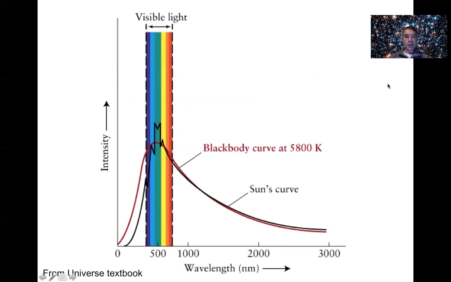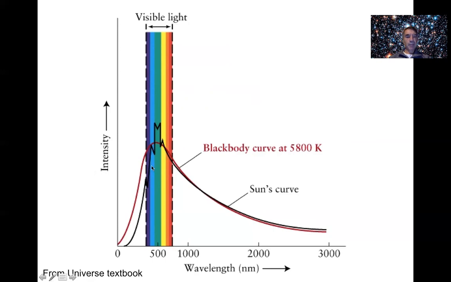And here in this diagram from the Universe textbook, you can see the two things superimposed. So we have a spectrum, here marked as intensity. I would perhaps more formally call it flux, as we'll see a bit later in this lecture, against wavelength. So here is the optical regime, running from 400 to 800 nanometers.